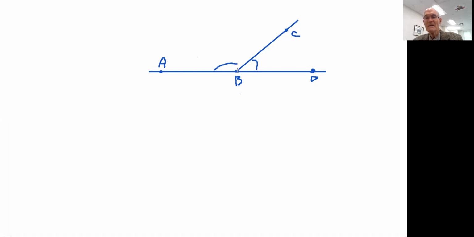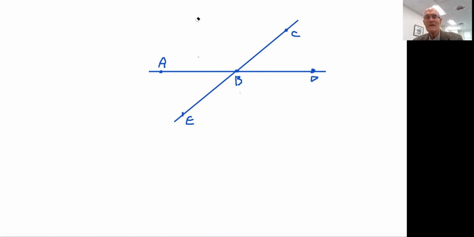If I take this segment CB here and extend it back like this so that I have another point, let's call this down here, point E. Vertical angles are created by two lines intersecting. So you see we have line AD and line CE intersecting at B.